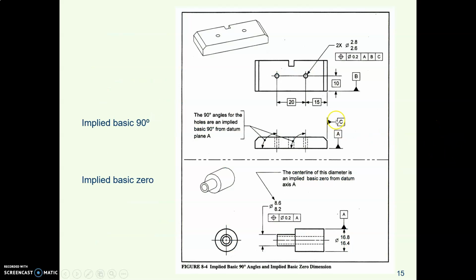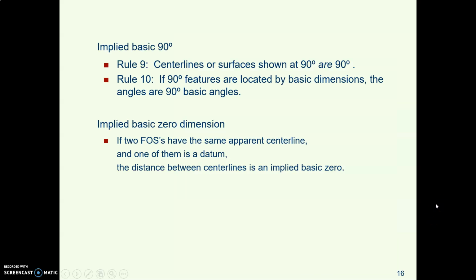They say if some feature is located with basic dimensions, then the features are an implied basic 90, which means theoretically exact. And if the center lines of 2 features are aligned, the distance between them is an implied basic 0.